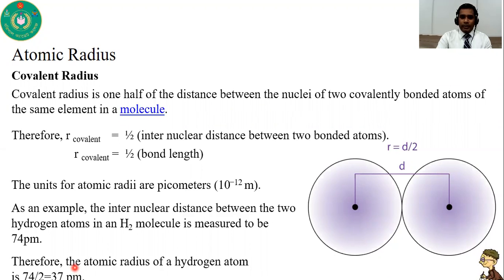We divide the bond length of the hydrogen molecule by 2. Then we get the atomic radius of one hydrogen atom. So we can say that the atomic radius of a covalently bonded atom is 1/2 of the bond length.